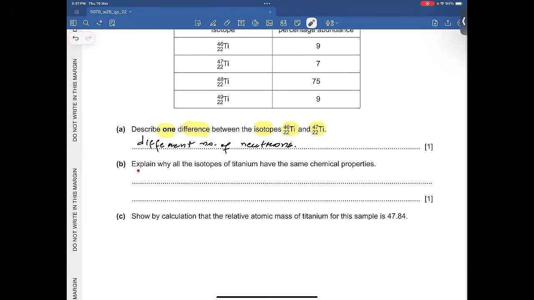Explain why all the isotopes of titanium have the same chemical properties. Because they have the same atomic number, they have the same number of electrons, and chemical properties depend on the number of electrons. So if the number of electrons is the same, chemical properties are also the same.